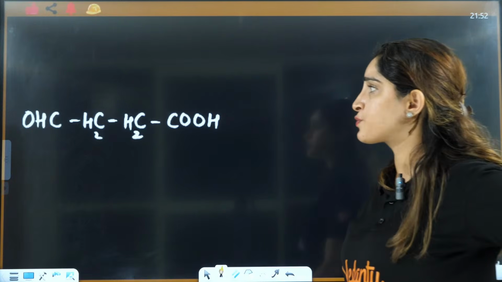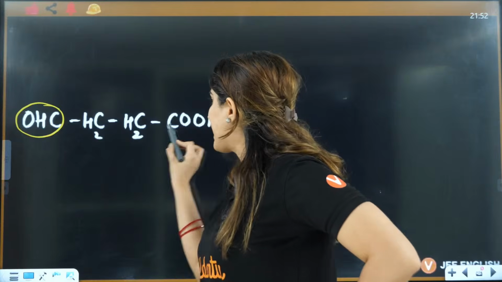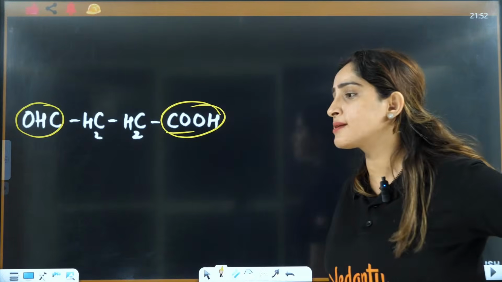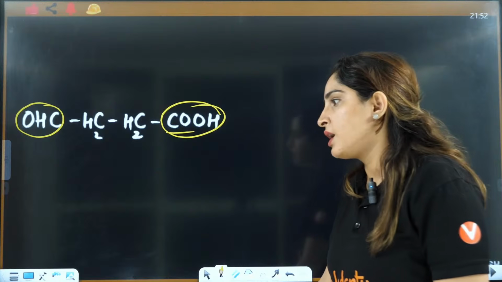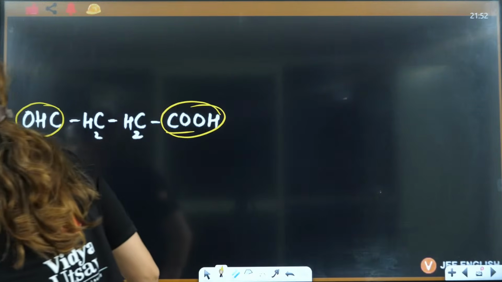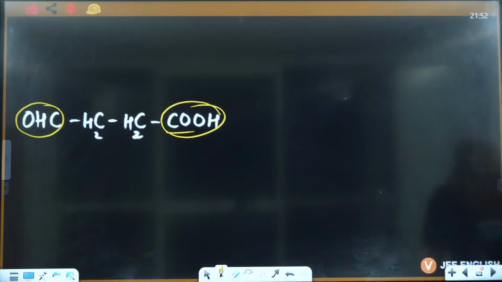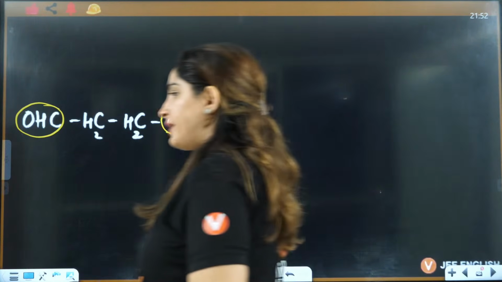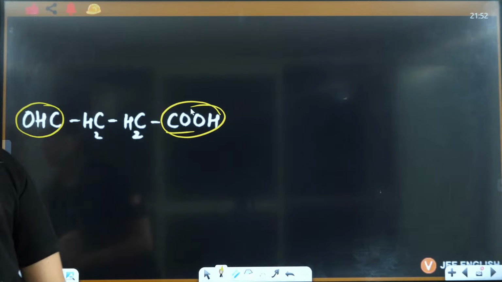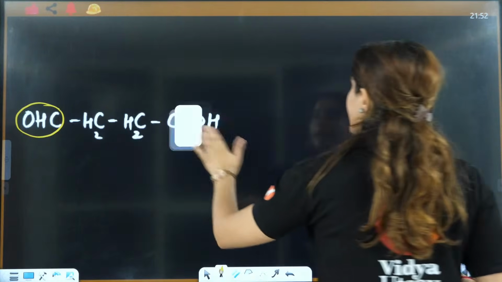You have two things, one is CHO and then there is COH. Which one is the substituent group? Okay.